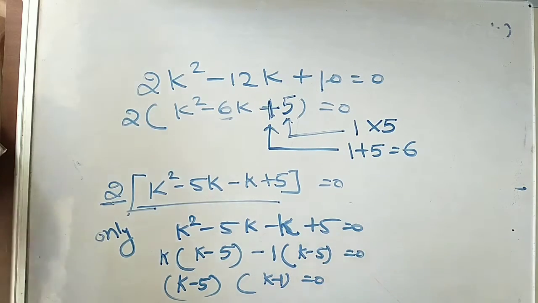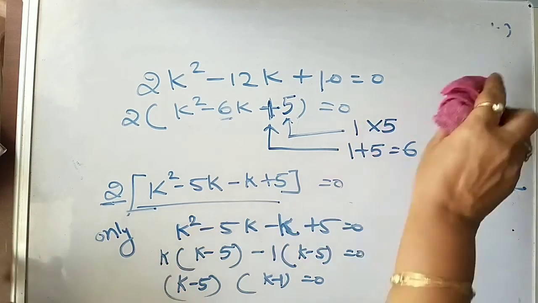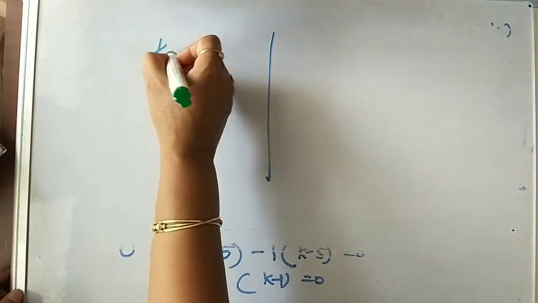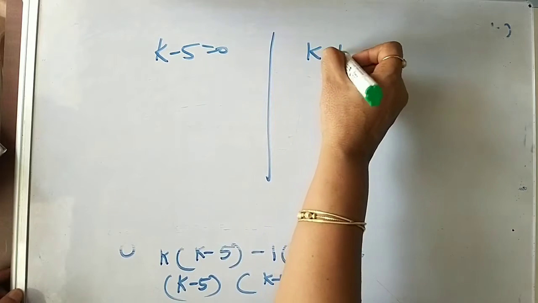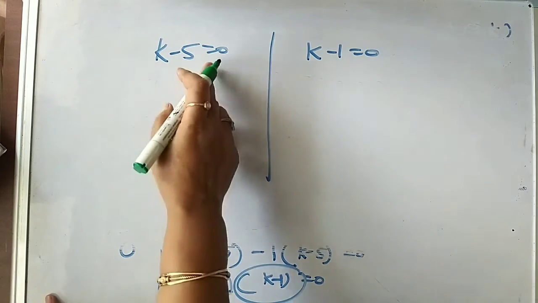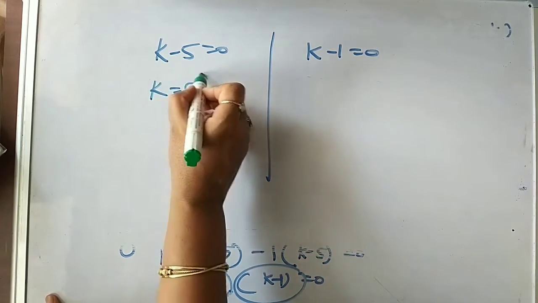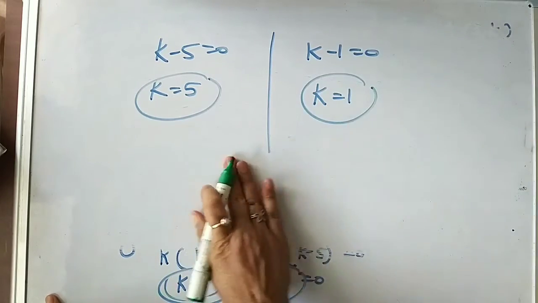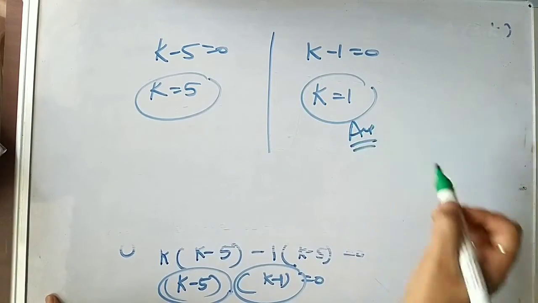If the product of two factors is 0, then either k minus 5 is 0 or k minus 1 is 0. If this is 0, k is 5. If this is 0, k is 1. So this is my final answer.